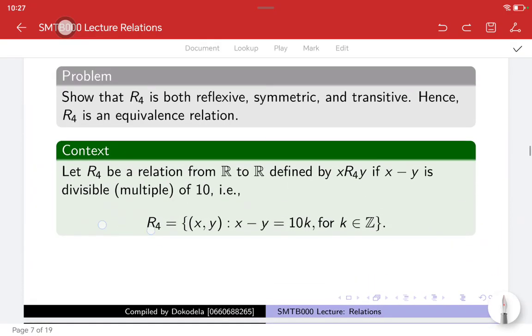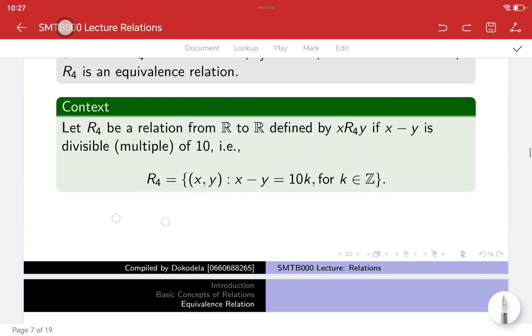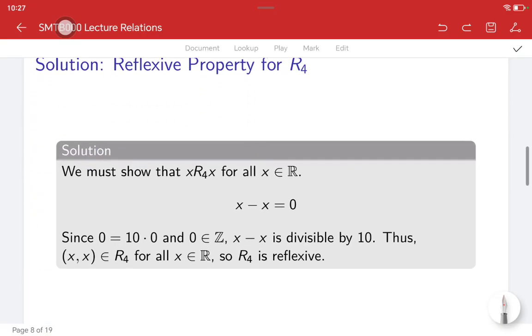For reflexive, we're going to say this is moving from R to R. So first we must show that X is related to itself. Remember, always for reflexivity, we must show that X is related to itself for all X element of R. So here we have X minus X. According to the definition, remember the definition says X minus Y. If we take the ordered pair XY, in other words, when X is related to Y, you said it.